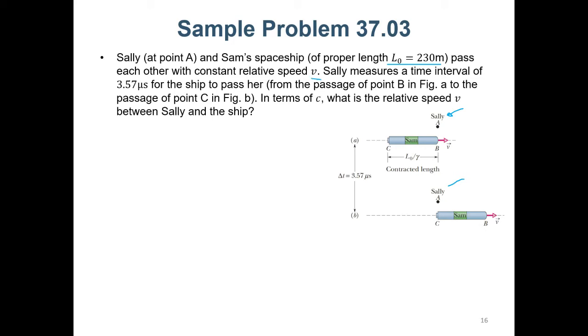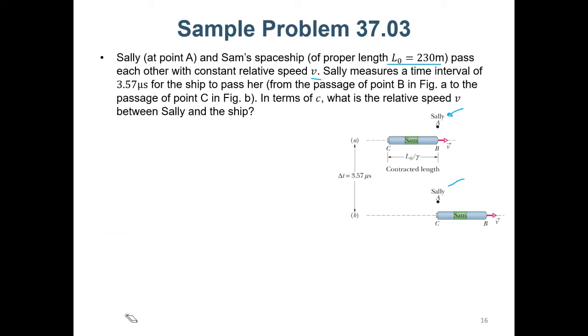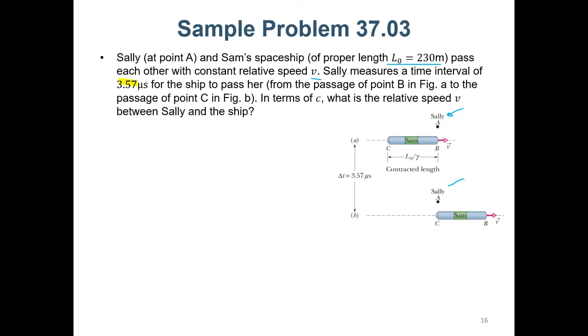Stacy measures a time interval of 3.57 microseconds for the ship to pass her, from the passage of point B in figure A to the passage of point C, because Stacy is at this point.